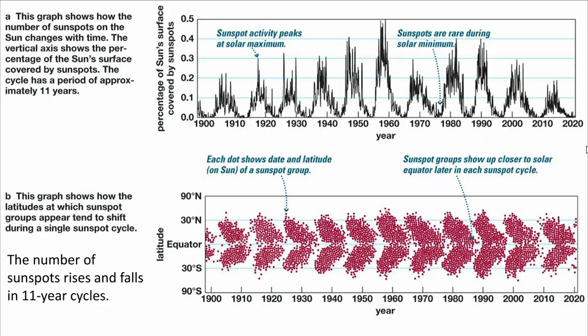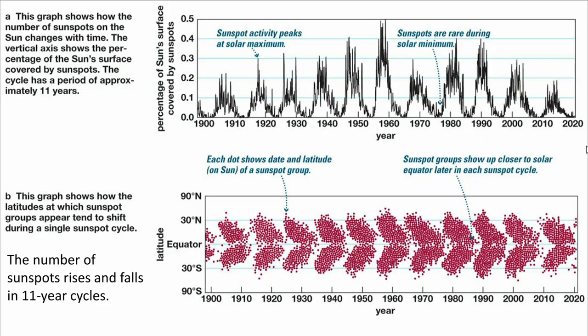So the top graph is the same. The bottom graph is plotting where the sunspots appear on the sun's surface. So at the start of a cycle, the sunspots will tend to appear around 30 degrees away from the equator in the northern and southern hemisphere of the sun.